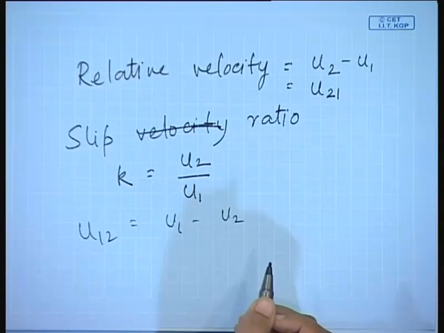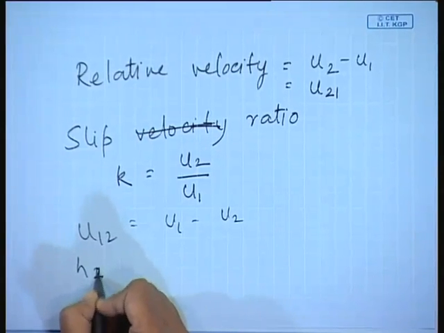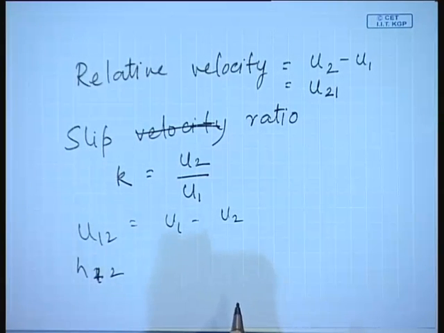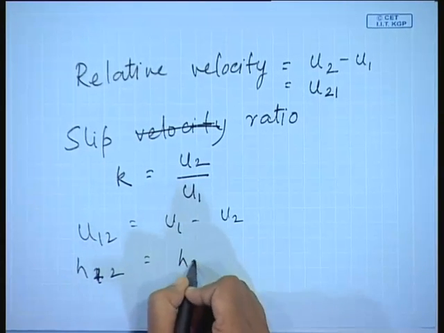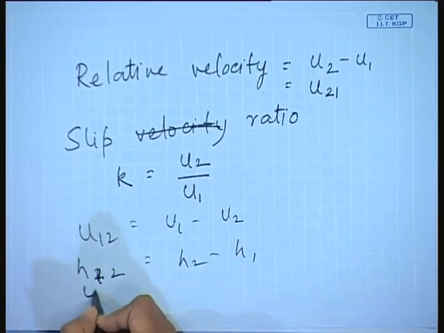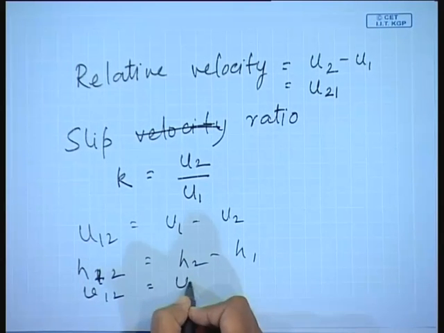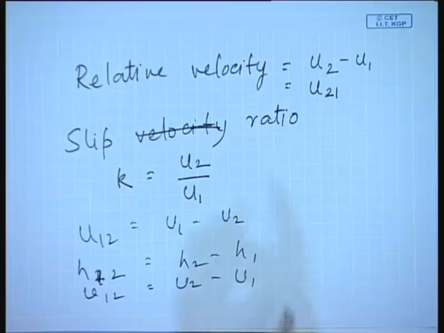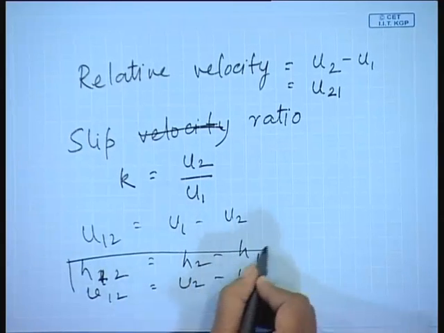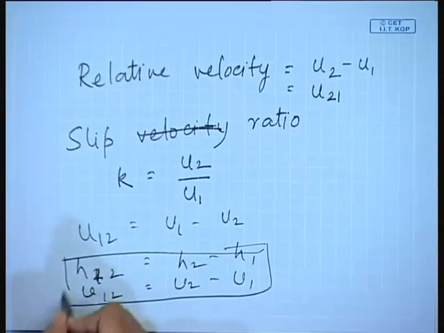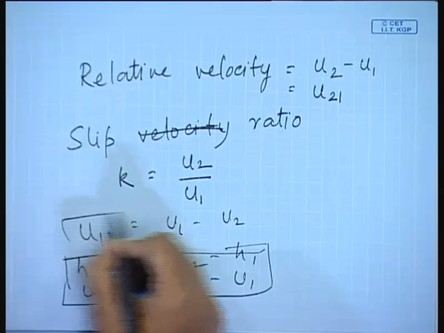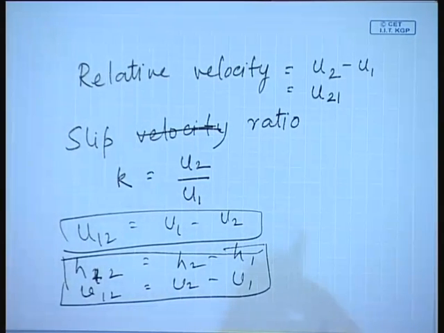But in thermodynamics, if you remember, what does H12 refer to? H2 minus H1. When we say V12, it is V2 minus V1. So, remember one thing, the sign conventions in case of thermodynamics and in case of your multiphase flow is slightly different.